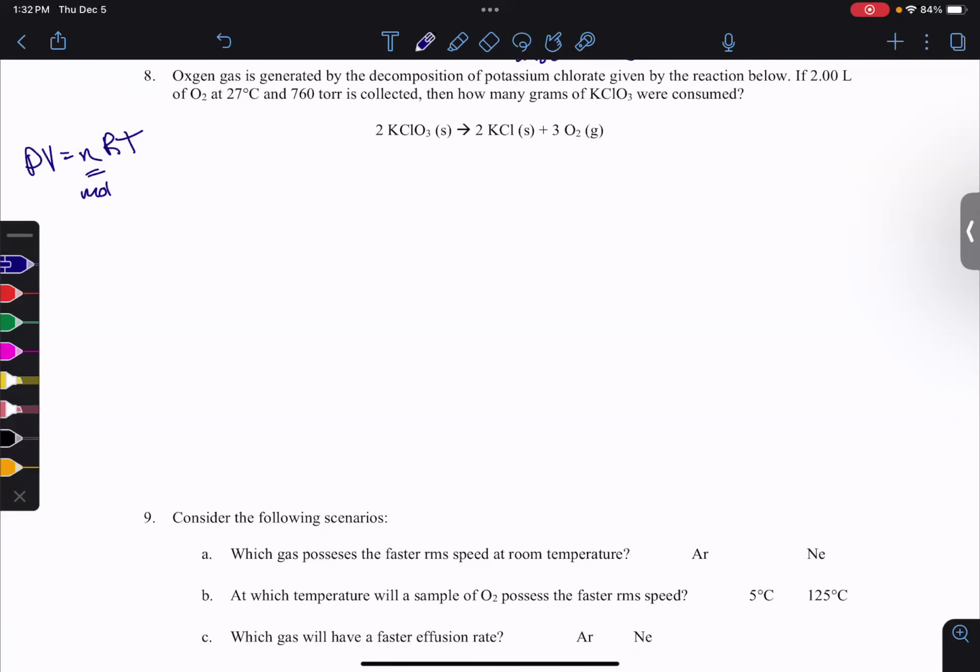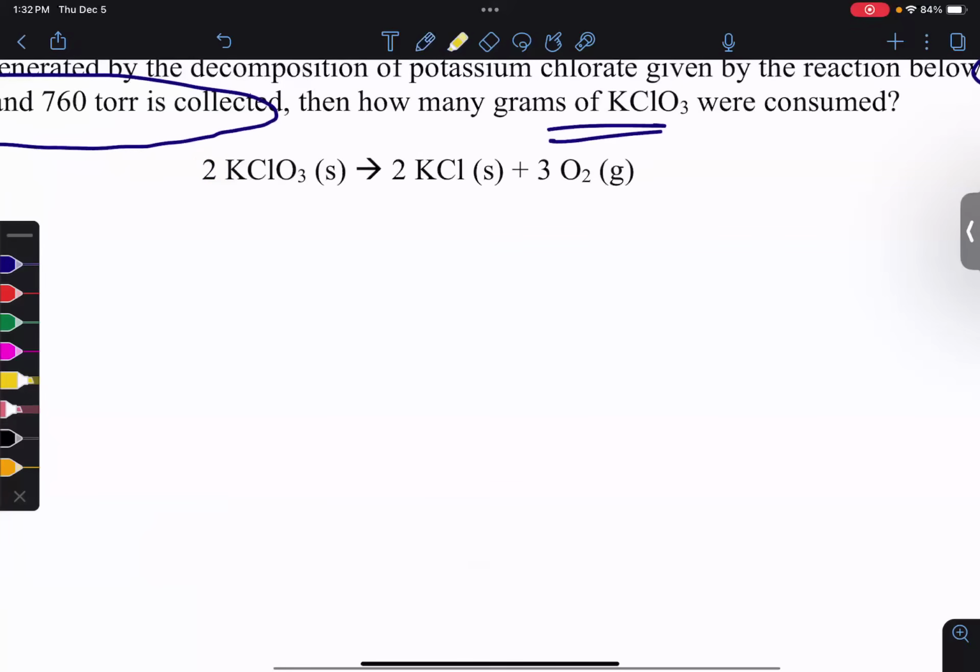It's being generated by this reaction. I'm telling you how much gas I'm collecting, and I want to know how many grams of reactant were consumed here. If this were chapter 3, it would be me asking how many grams of reactant you need to make this many grams of product.